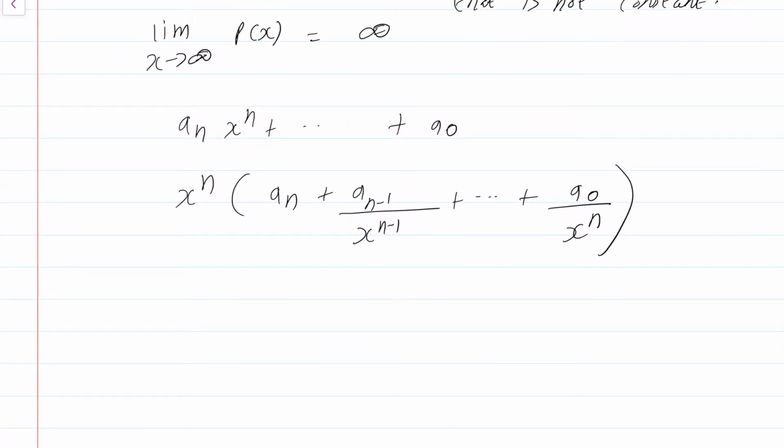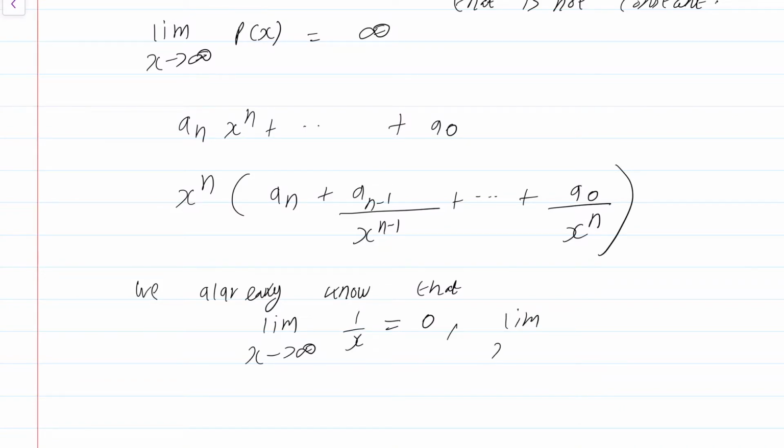Now we already know that the limit as x goes to infinity of 1/x is 0. In fact, the limit as x goes to infinity of 1/x^k is also 0.